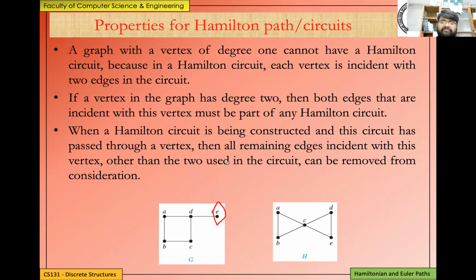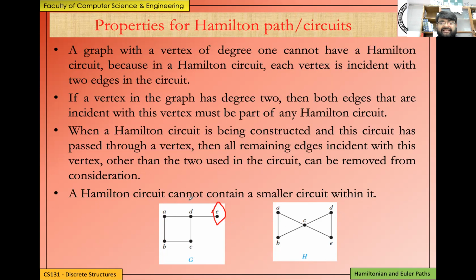So when you are constructing a Hamilton circuit and the circuit has passed through a vertex, then all the remaining edges, other than the 2 used in the circuit, should be removed, because you are not going to visit this vertex again. In this scenario, we noticed that this graph contains a Hamilton path, but it does not contain a Hamilton circuit because you cannot return to the same vertex.